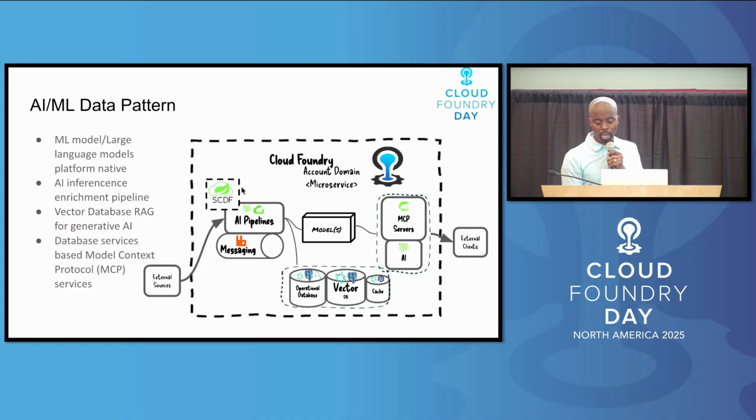And you can also have your Model Context Protocol clients, or MCP-based clients, that allow models to discover and use these data services that are backed by the data technologies running all natively on the platform.